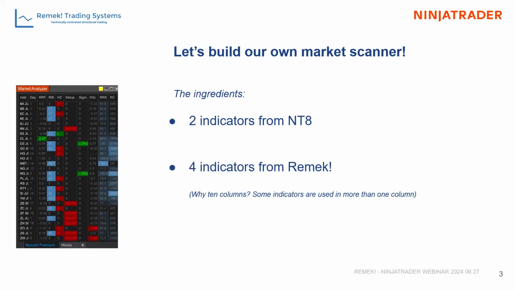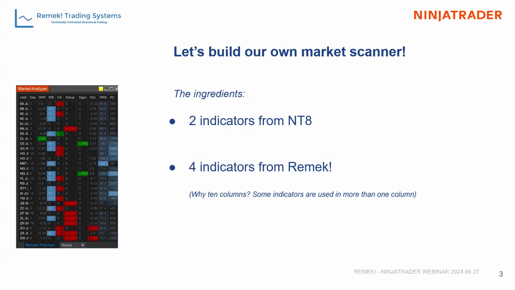We're going to build 10 columns. Two of them will be coming directly from NinjaTrader 8, quite simple, no complications. And we're going to be using 4 indicators from Remek. We have what we call the 9 essential Remek indicators that we think every trader should have on the desktop, if they're trading in the NinjaTrader universe.